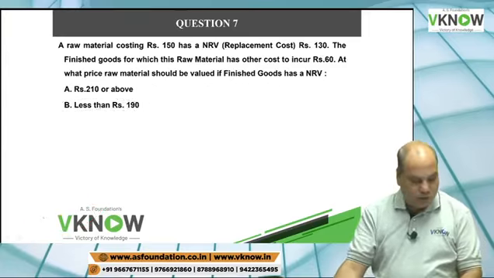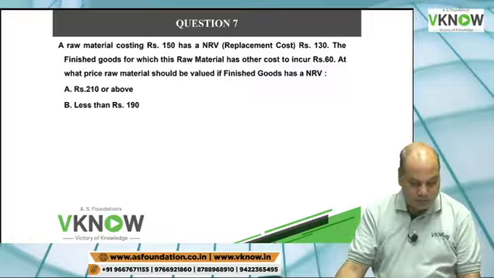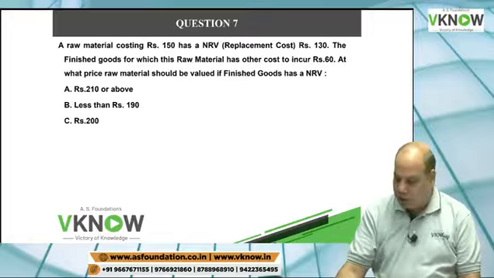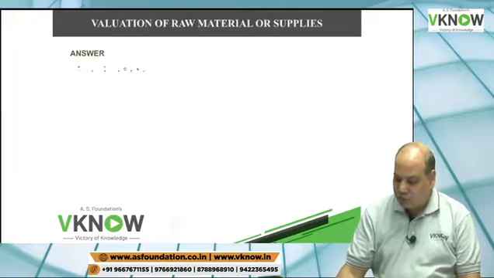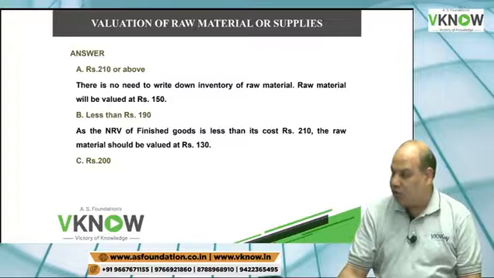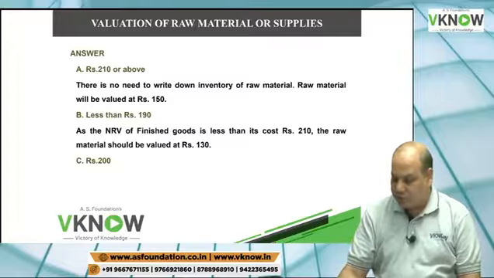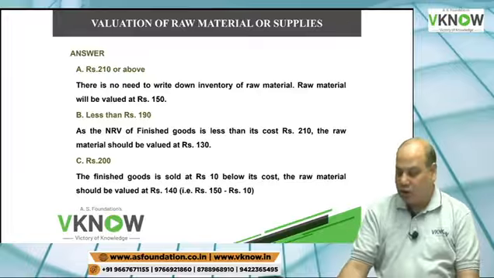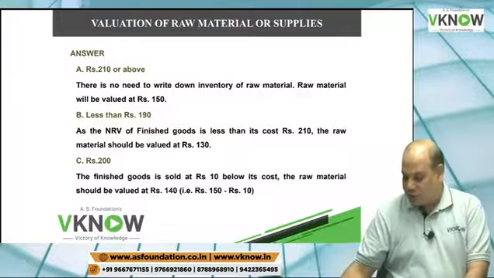Do you want to write the answer, or is the answer written? The answer is already written in your book. First answer is written. There is no need to write down inventory of raw material. Raw material will be valued at 150. Second answer is written as the NRV of finished goods is less than its cost 210.